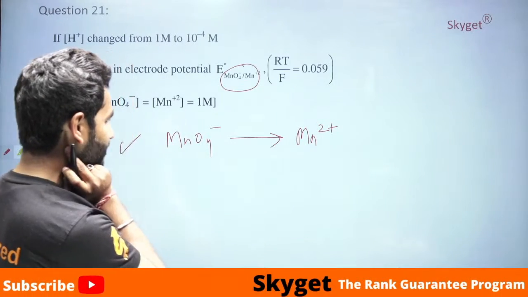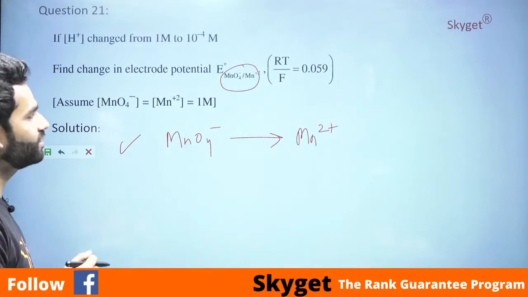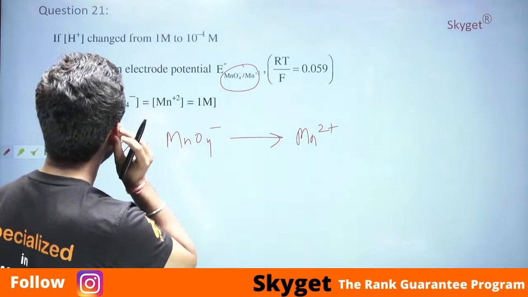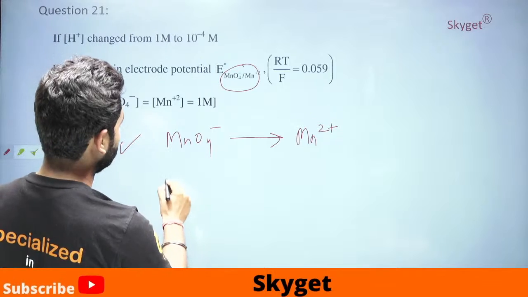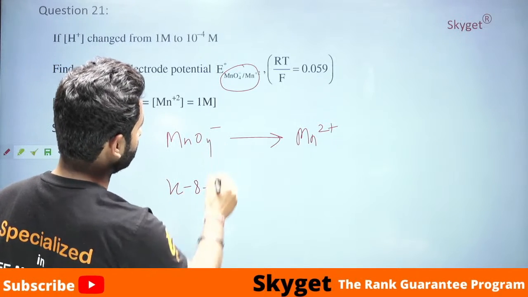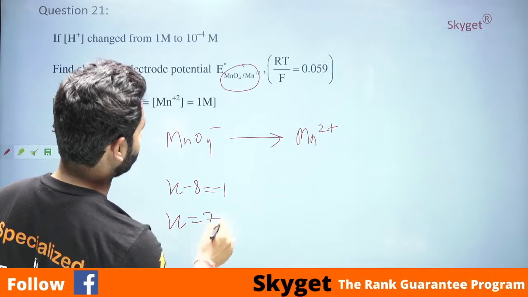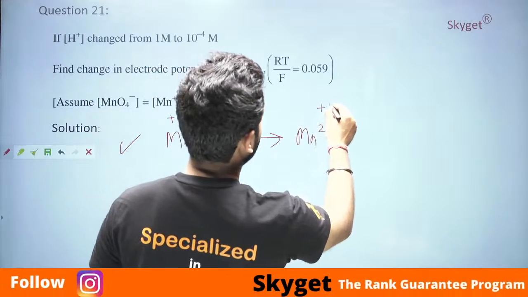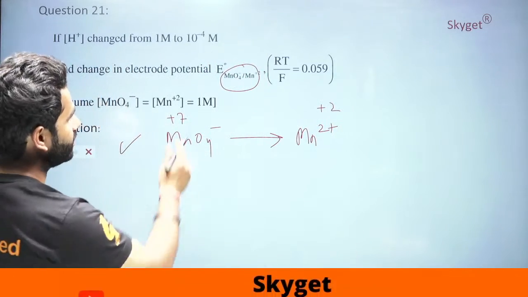Now let's see, is it a reduction reaction or an oxidation reaction? In the case of manganese, we need to find its charge. Here it is x minus 8 is equal to minus 1, so x is equal to plus 7, here plus 2. So guys, what is happening? The charge is getting reduced.